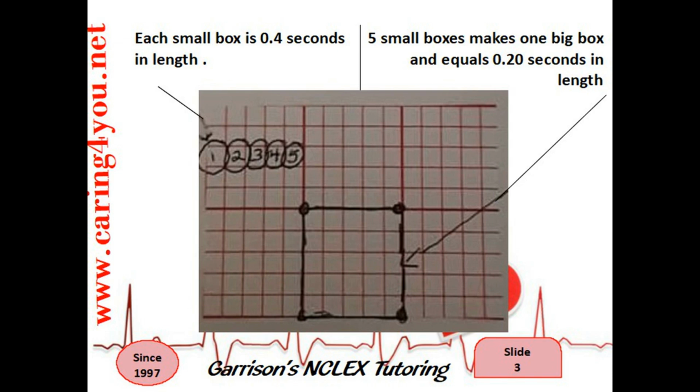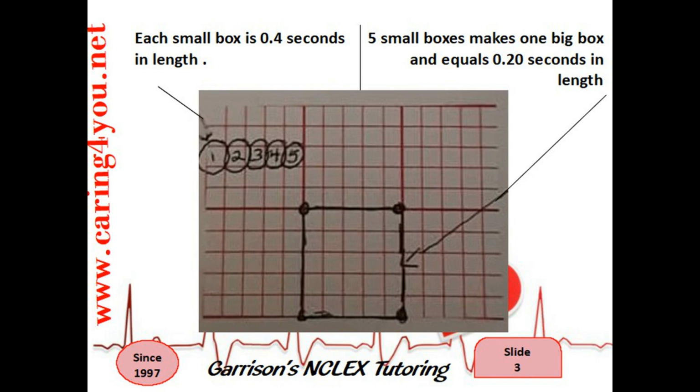All right? So, know that each small box is 0.4 seconds in length. See? 1, 2, 3, 4, 5. Five small boxes make up one big box, and one big box is 0.2 seconds in length. Right? Got that? That's how you find a rhythm.